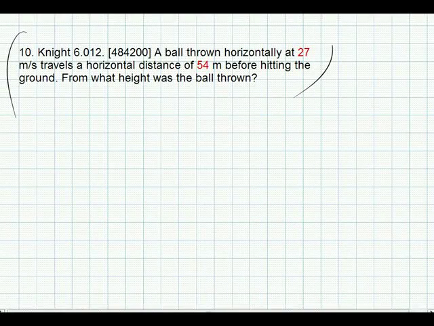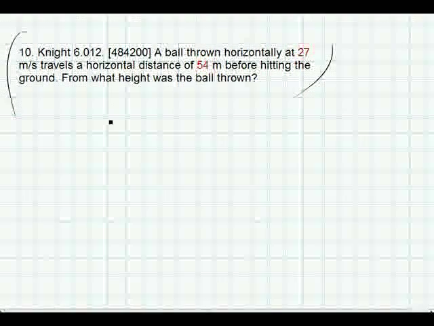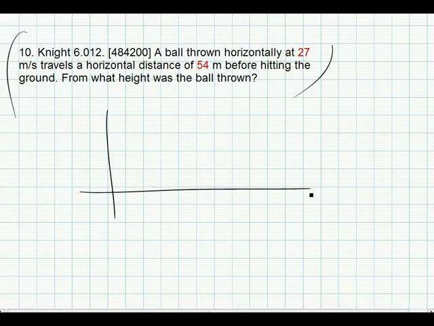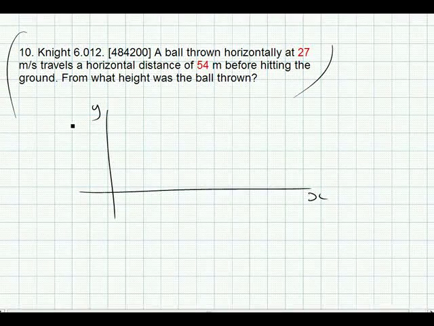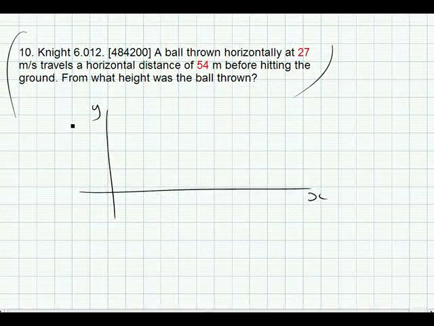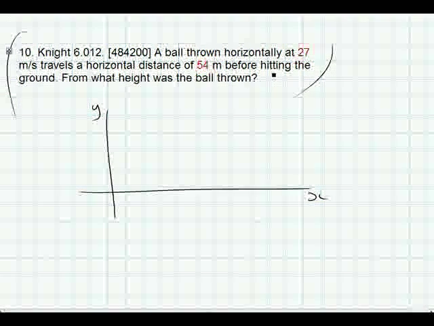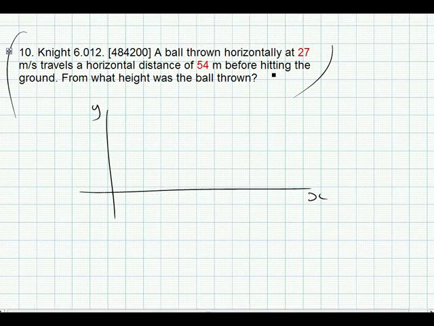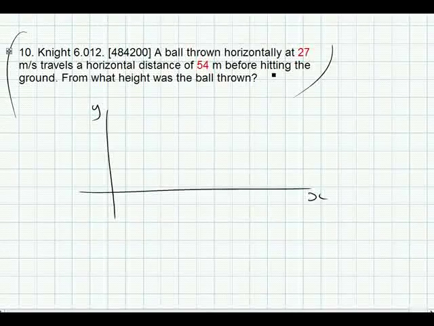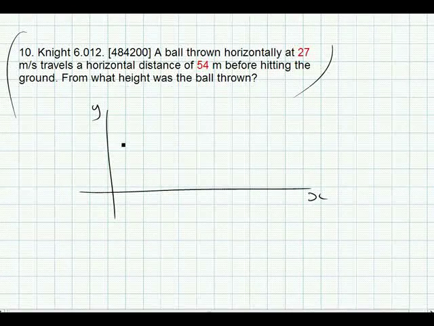Actually, the ball is thrown horizontally 27 meters. Let me read this. So here's our x and the y directions. The ball is thrown horizontally at 27 meters per second, travels a horizontal distance of 54 meters hitting the ground.